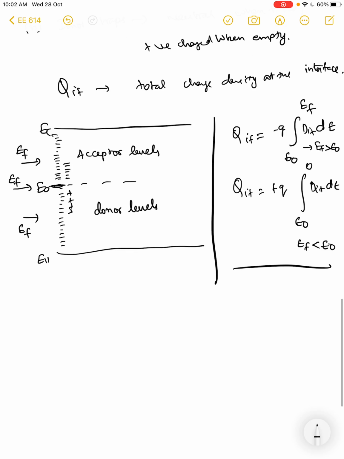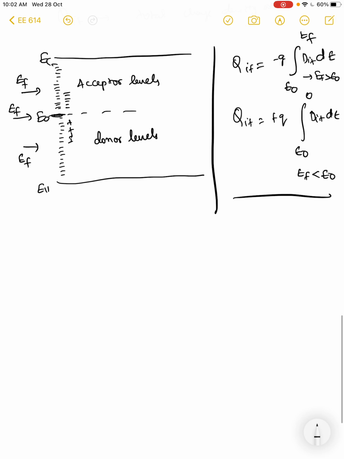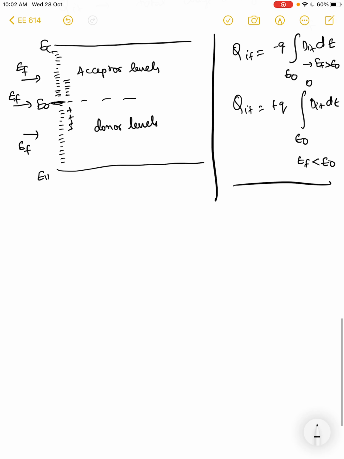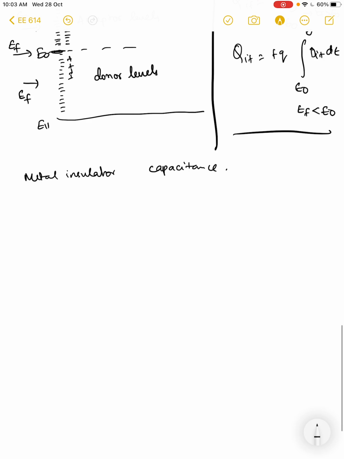when you have this trap charge density, the effective capacitance of your metal insulator semiconductor capacitor is represented by the simplified block diagram. So you have an oxide trap density, right? And you have the depletion capacitance.